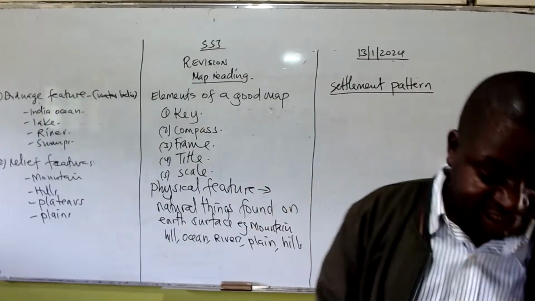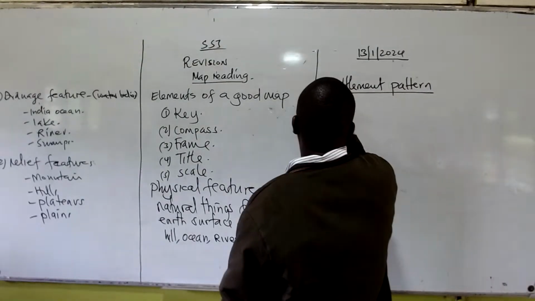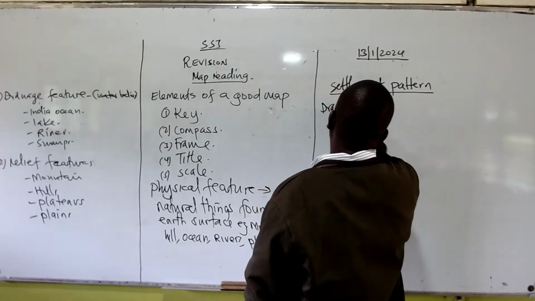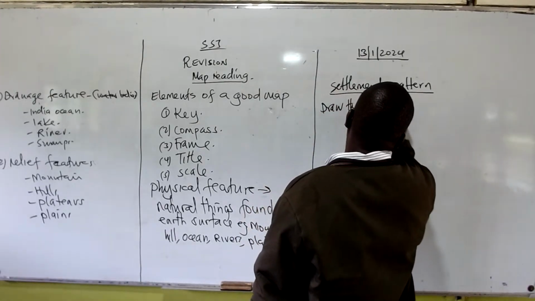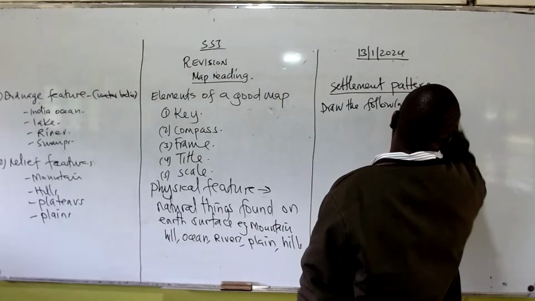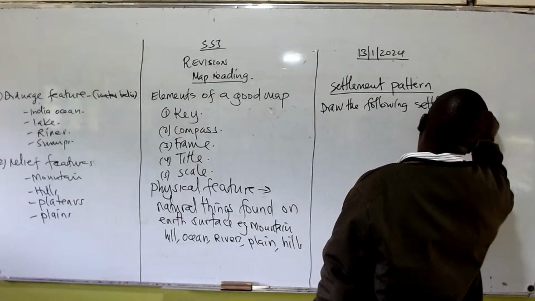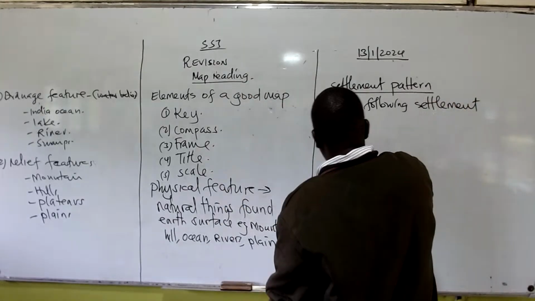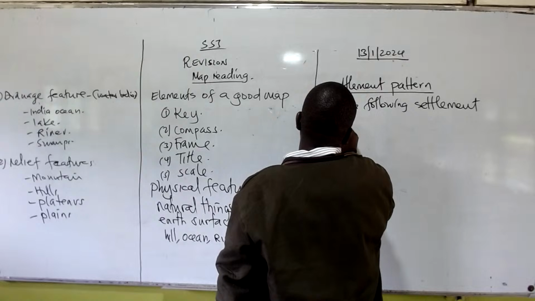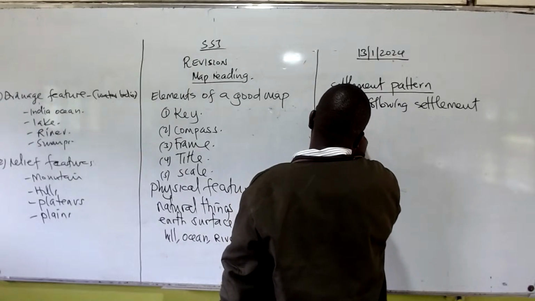You are going to do it by yourself. This is among your classwork. Draw the following settlement patterns. That is your classwork. After these notes, you do this classwork. Question number 1. A. You draw linear.